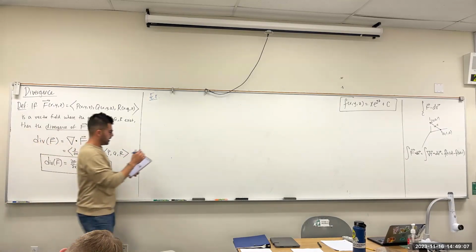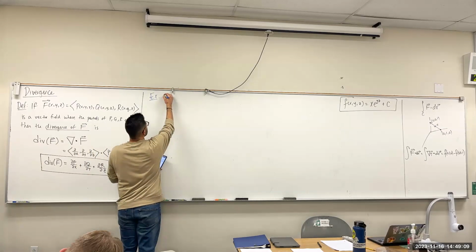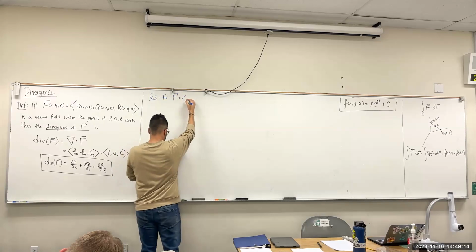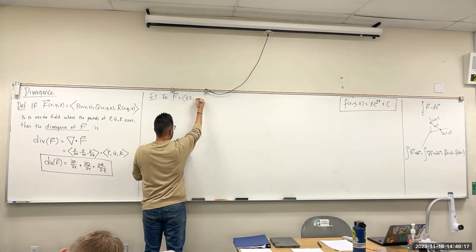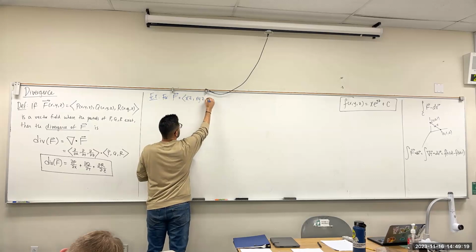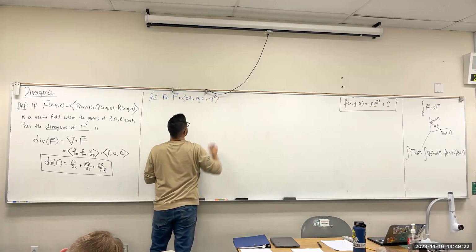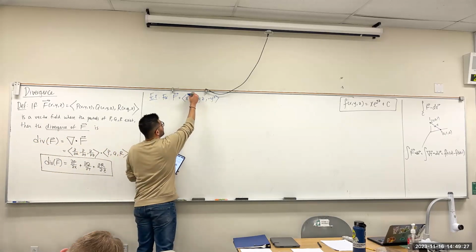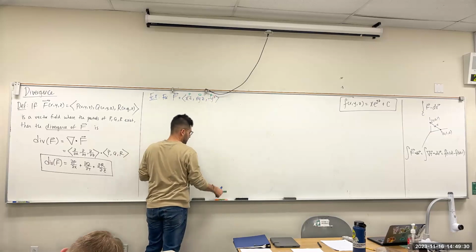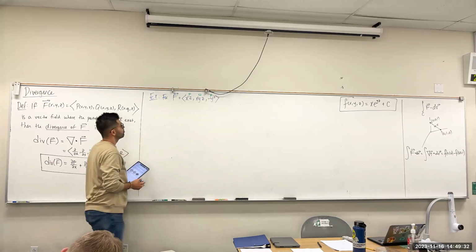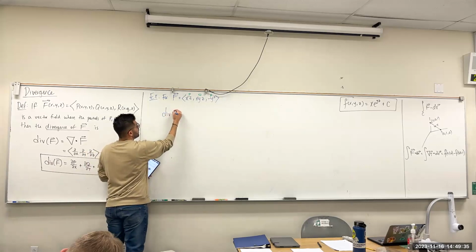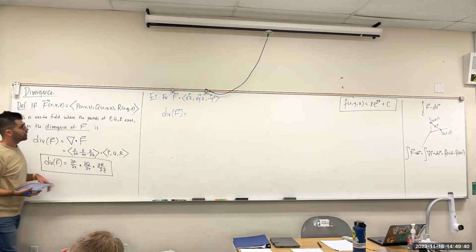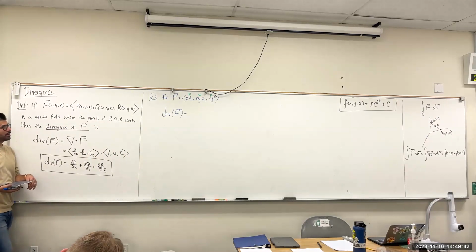So let's grab the vector field we did in the beginning. It was xz, xyz, and then minus y squared. So this is like my P, this is like my Q, and this is like my R. So the divergence of that vector field, let's see what we get. This was way easier to compute than the curl.